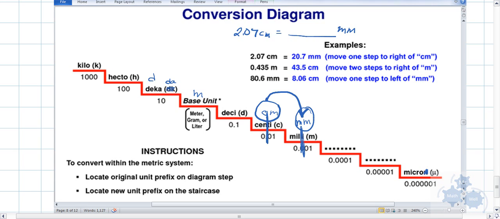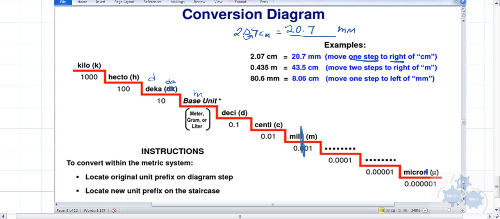And how many steps are you actually moving here? One. So, one step to the right means that I move the decimal one place to the right. And there's my new spot, and so here we go. It's 20.7 millimeters. Okay? 20.7. And that's how easy it is. That's how you use the metric staircase.